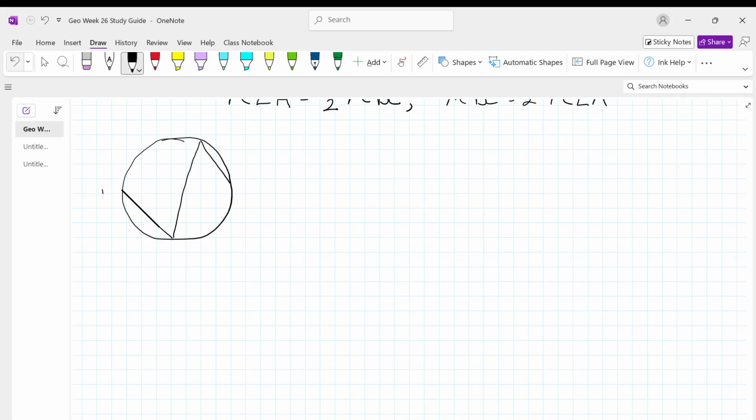All right, so I'm going to call these A, B, C, and D. I'm going to put an angle measure in here for angle B, and we'll call that 50 degrees. And I'm going to call arc BD 70 degrees.